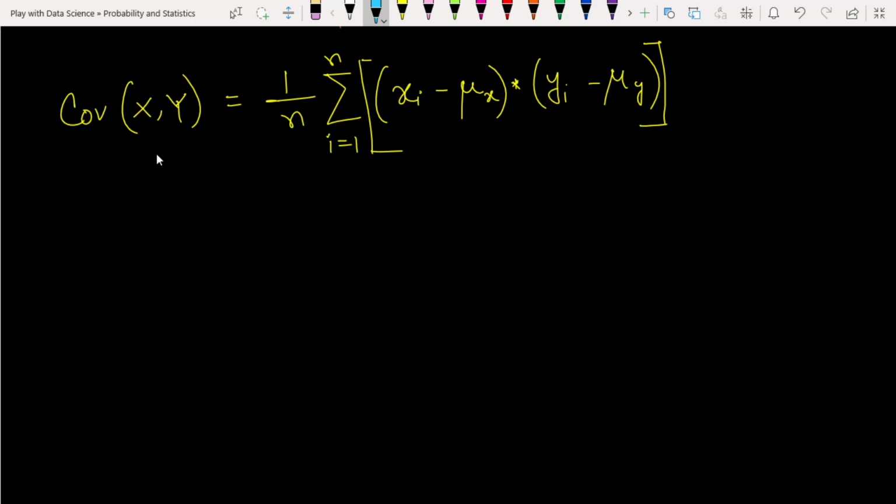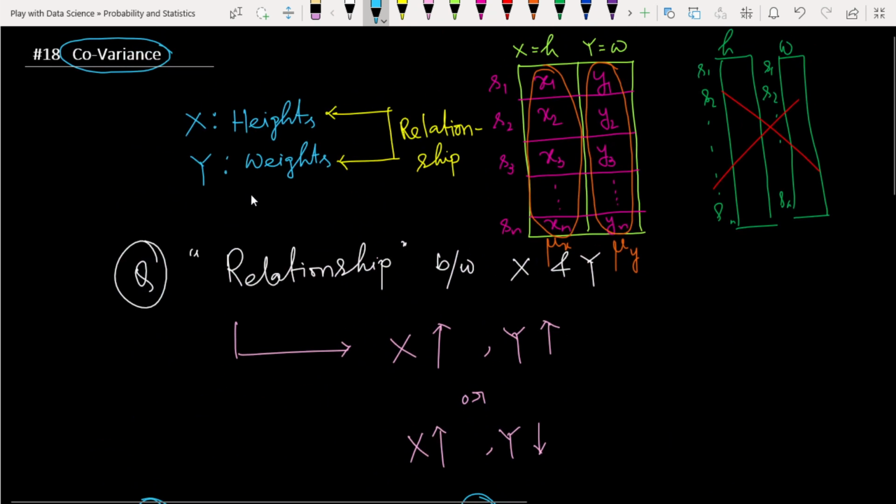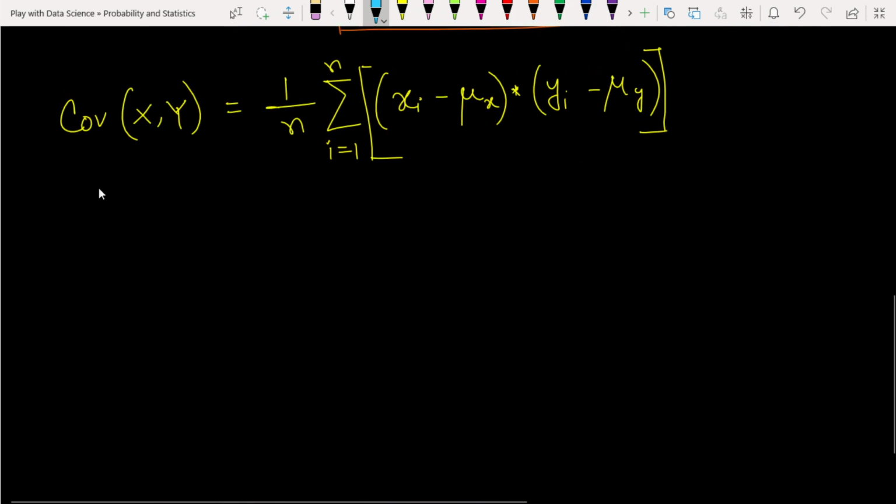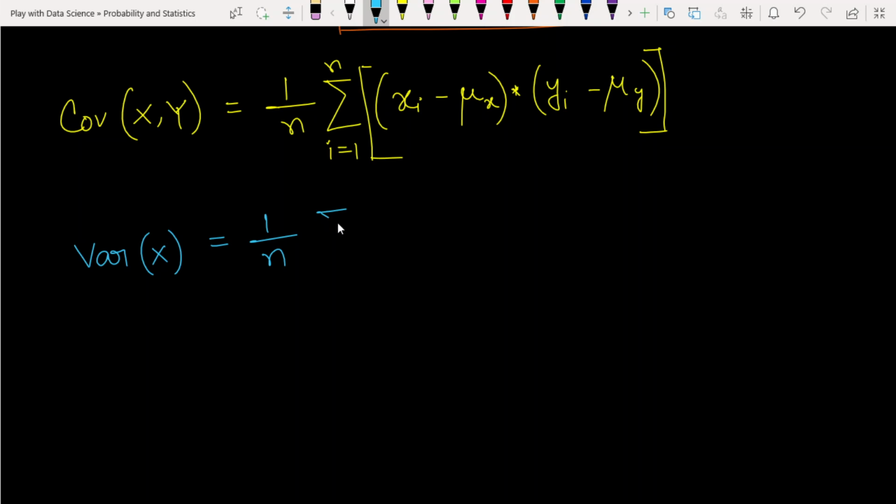If instead we take the same variable and compare the same random variable with itself, instead of calling it covariance, we call it simple variance, VAR of x. It will be 1 by n, the sum for i equals 1 to n, and instead of taking y here, we take x.